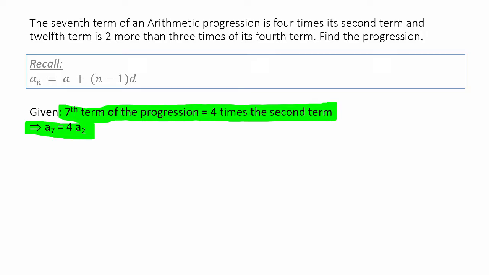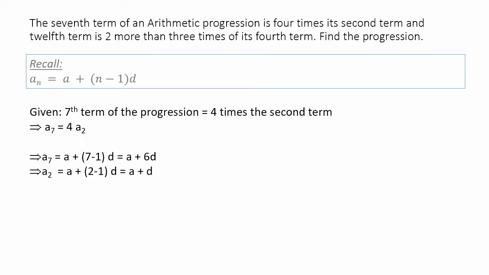So applying the formula a plus n minus 1 d, we get A7 is a plus 6d, and A2 is a plus d. Now if we use A7 equals 4A2, we get a plus 6d is 4 times a plus d. Moving terms to the other side we get 4a plus 4d equals a plus 6d.